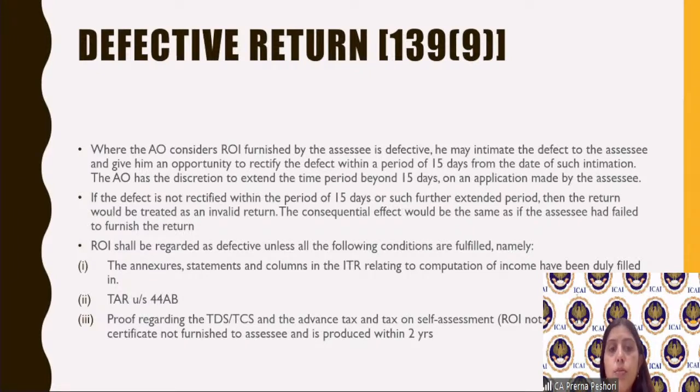Now, a few case laws which I would want to discuss with you from this particular chapter, relating to return of income. There was one case of the Supreme Court, in the case of Dalmia Power Limited.